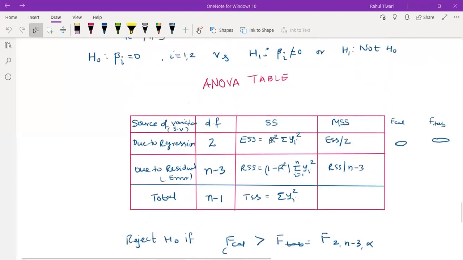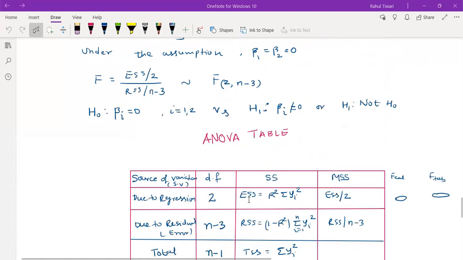But I have one doubt for all. Here in this ANOVA table, what are you testing? What is your test? Anyone can tell.